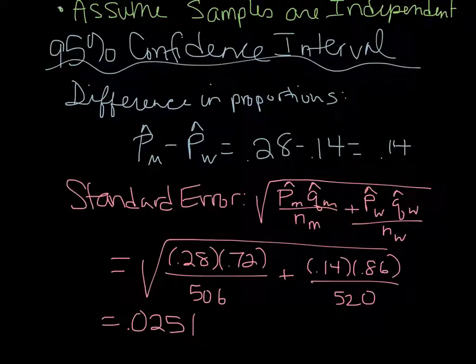I always see a lot of students make mistakes putting this into their calculator. Seems like something that'd be really easy, but it's actually not. I tend to get a lot of people making mistakes on that. And you don't want to do the right formula, but make a mistake on something as little as calculator buttons. So we have our standard error. Now, actually, we only need to just plug the numbers into our confidence interval and we're done.